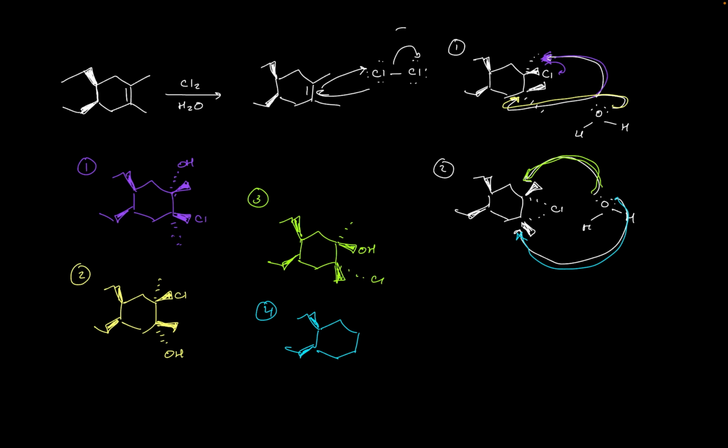OH is going to come again from the top, push the methyl group down. Cl is going to be still going down, and the methyl group is going to be facing up. So in this case, we're going to have 4 products, and that's because, again, neither of these carbons are more substituted than the other, so that's why we get 2 pairs of attacks from the water in each scenario, and that's why we end up with 4 products.